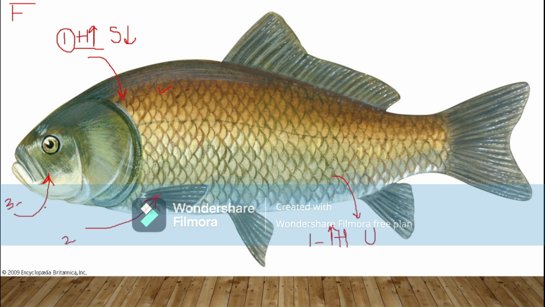So these are the three adaptations or maintenance properties they are using to regulate the amount of salts and water in their bodies. That is the case of freshwater organisms, or you can say the organisms that are living in the freshwater environment.